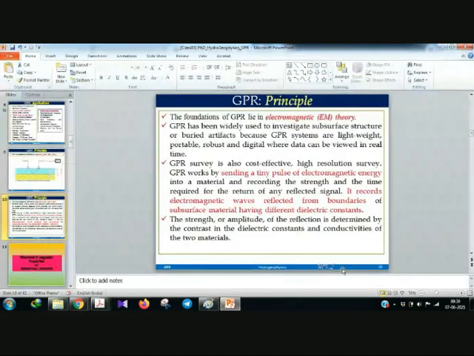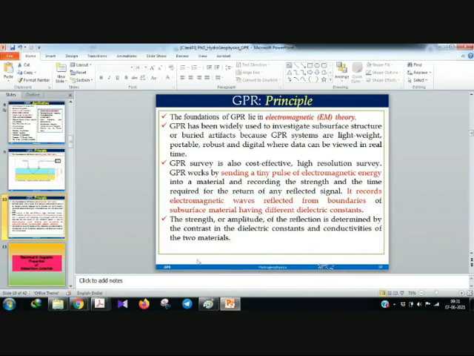So we are basically scanning the subsurface in a line, and we are observing the dielectric contrast. This dielectric contrast can be understood from the records, and from the records you can understand whether it's a high or low dielectric constant, because it gives you an idea by seeing the amplitude and the time taken by the received signal.